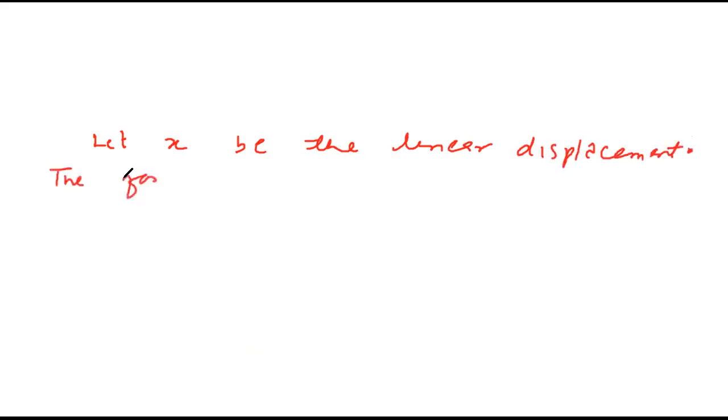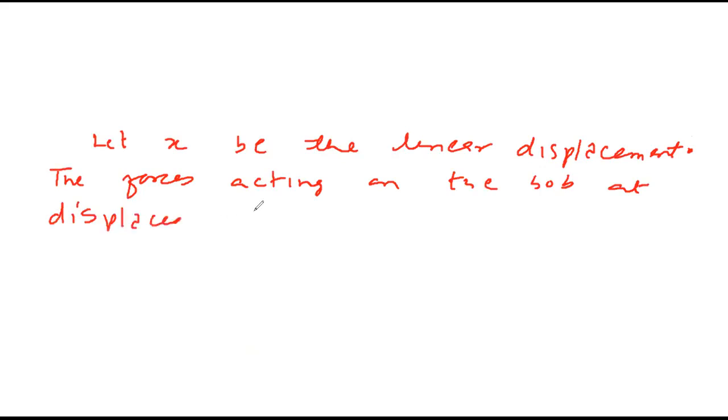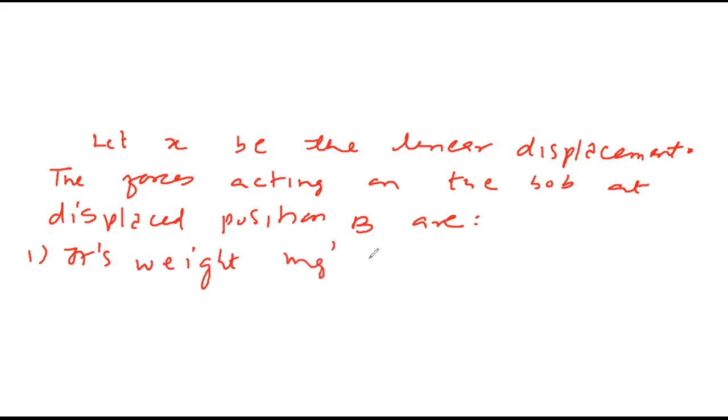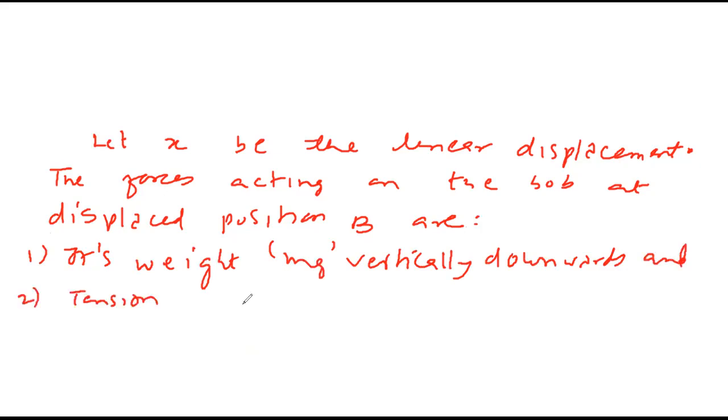The forces acting on the bob at the displaced position B are, first, its weight mg vertically downwards. Second, tension T along the string.